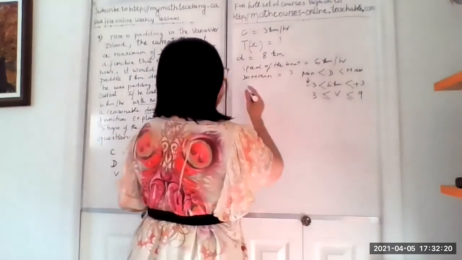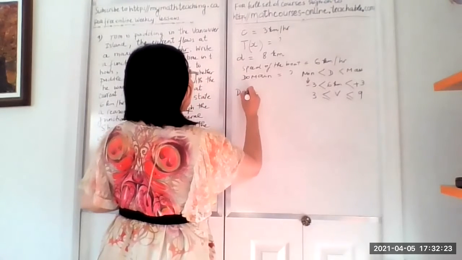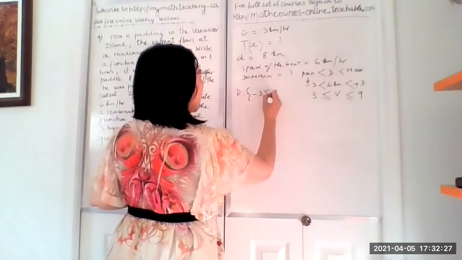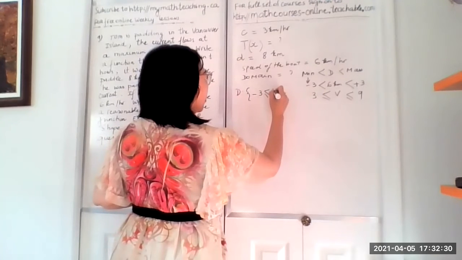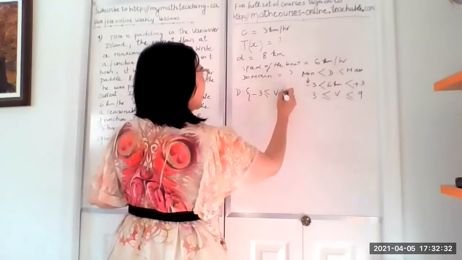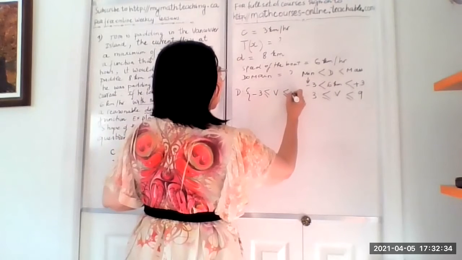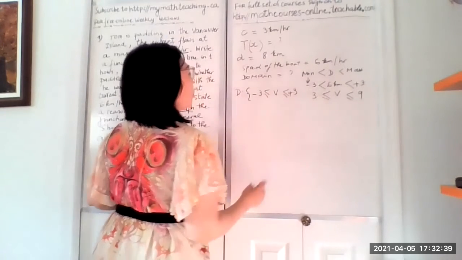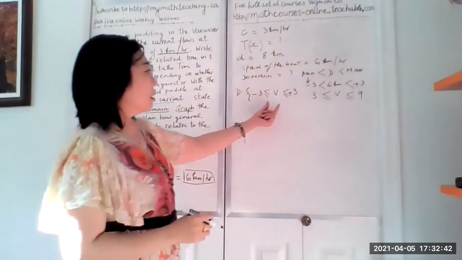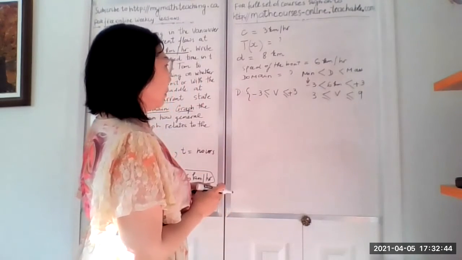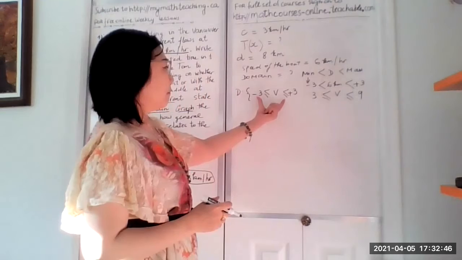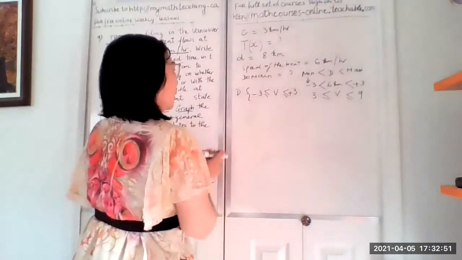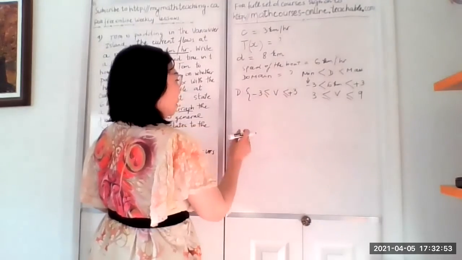And therefore, let's establish the domain like this: -3 less than or equal to V, less than or equal to 3. So this V here is flexible between this limit, between -3 and 3.